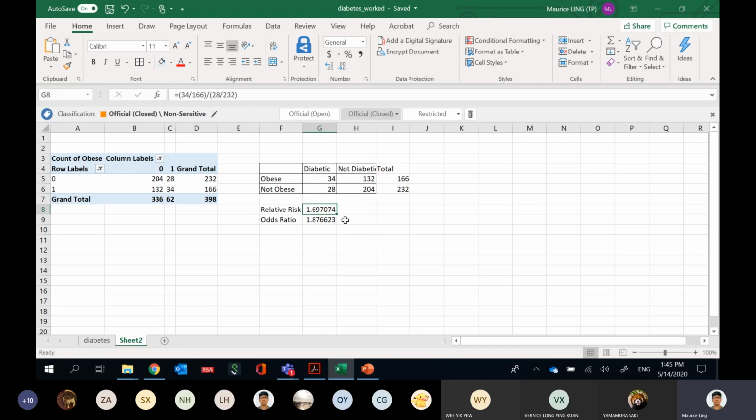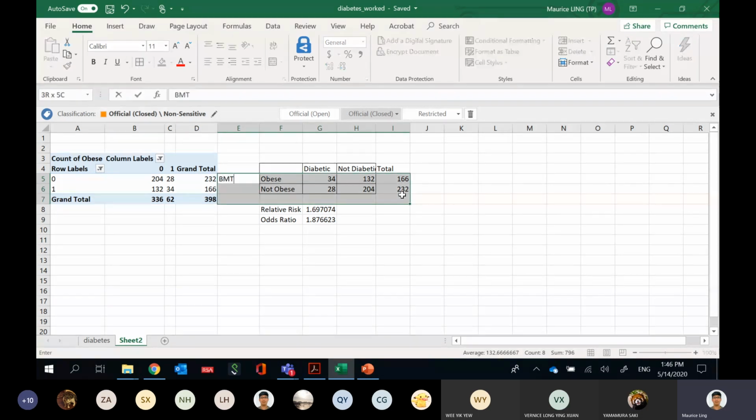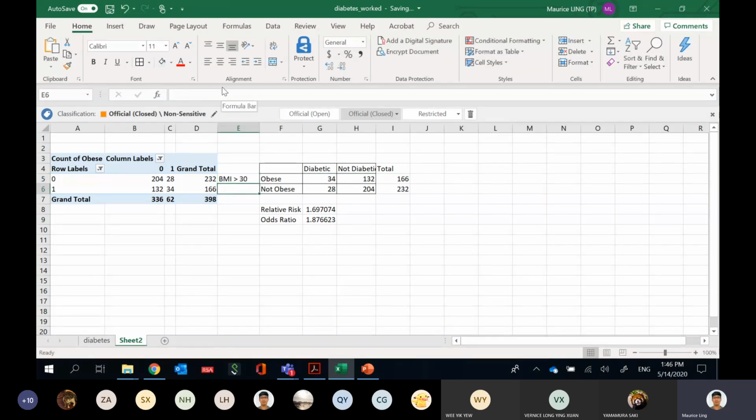Okay. And remember, what is important is that the obese and non-obese criteria is based on BMI above 30. So this is BMI more than 30. Not obese is BMI less than 30.